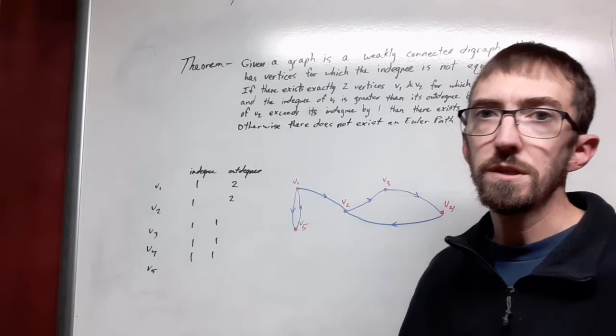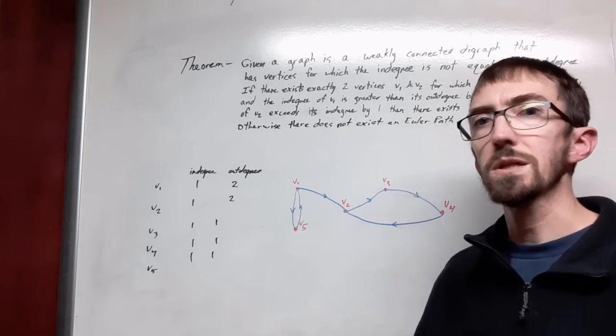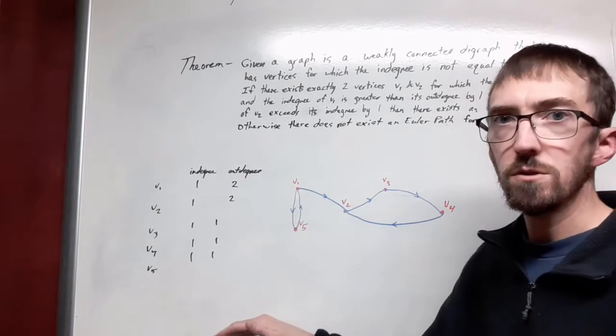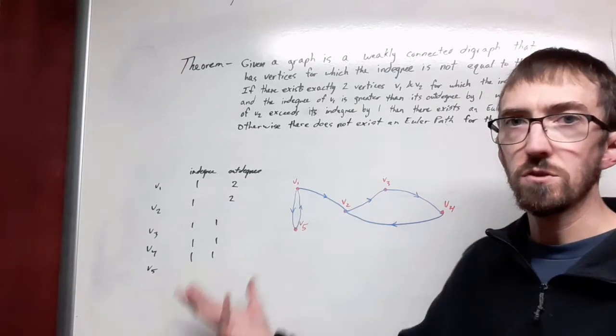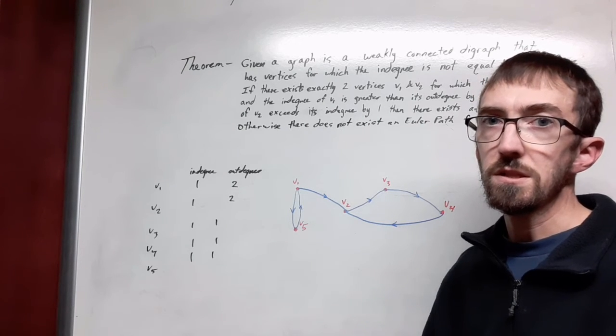So we've got a couple really useful theorems in trying to figure out whether an Euler circuit or an Euler path exists, and organizing the information of your graph is going to be useful for analyzing whether these conditions are being met.